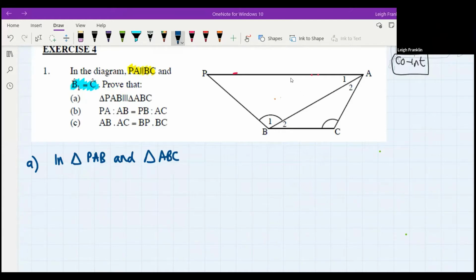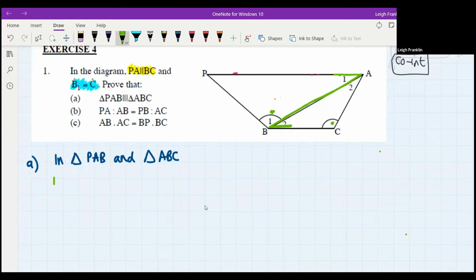All right. So now let's set out our proof. Remember, we already know that angle P and angle A equal one another. But that's not something that we were given in the beginning. Remember, we're only allowed to use angle sum of a triangle as our last reason. So we've got these alternate angles over here, and then we were given that this angle over here and that one over there were equal.